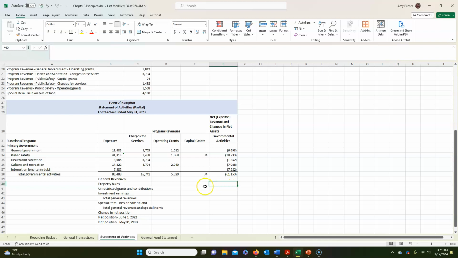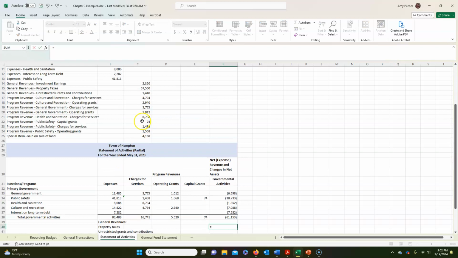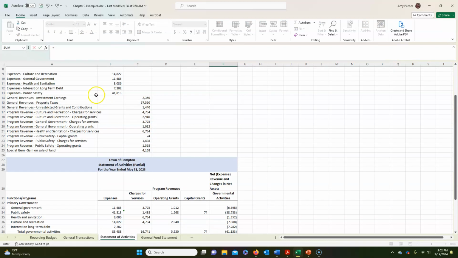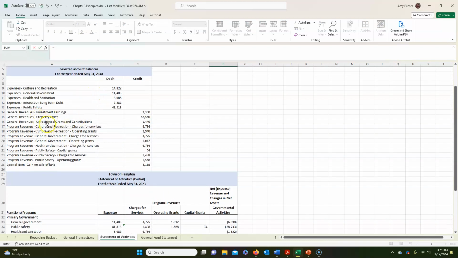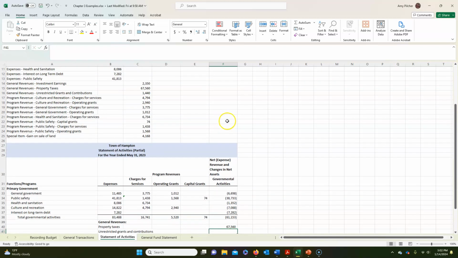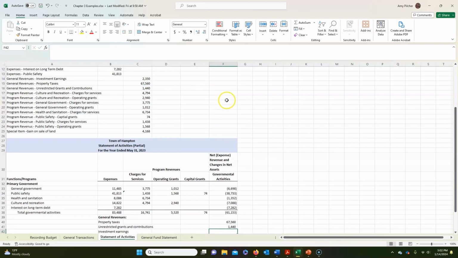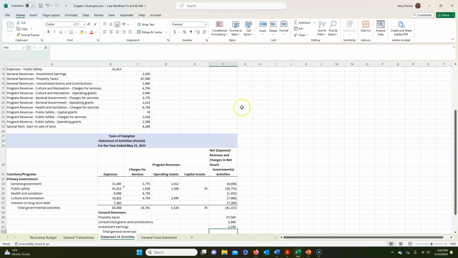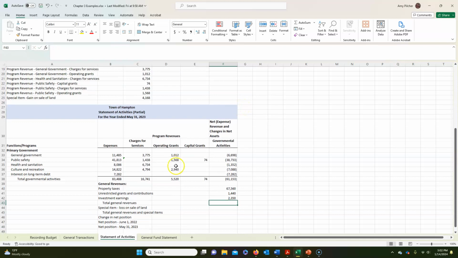So we pay with other methods. We have property taxes. It says here that we received property taxes of $65,560. We have unrestricted grants and contributions of $1,440, and then we had investment earnings of $2,350.